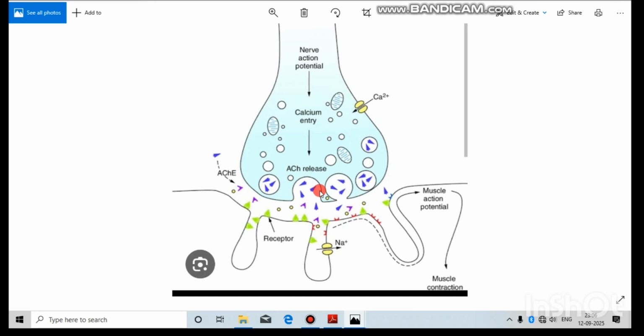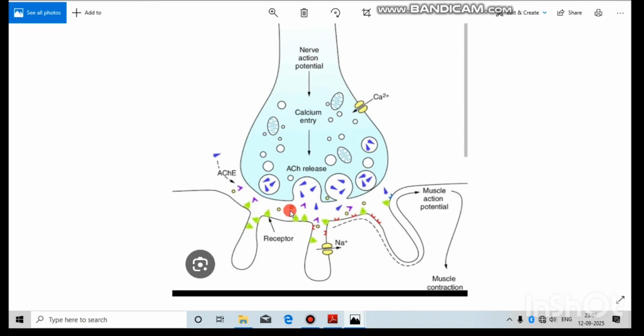As soon as these neurotransmitters are released, they are caught by these nicotinic acetylcholine receptors. When the nicotinic acetylcholine receptors bind to the neurotransmitters, another gated channel opens, that is sodium.